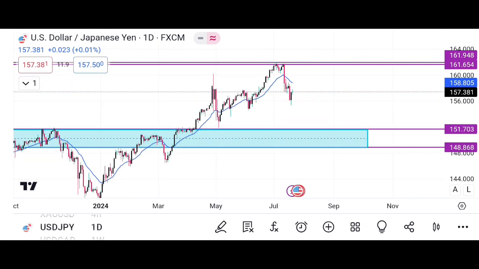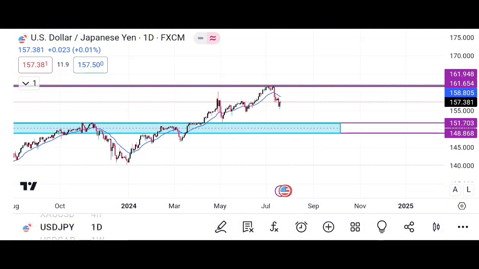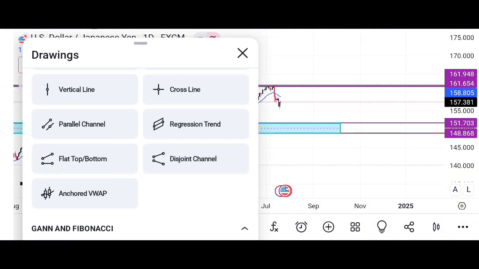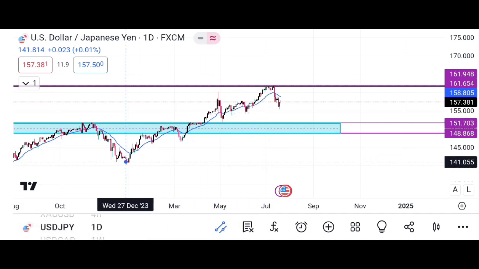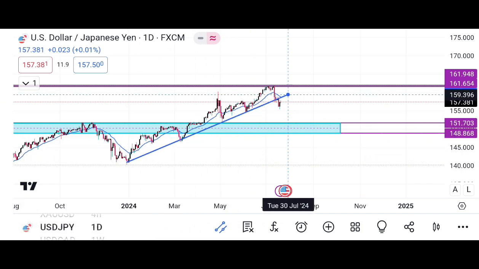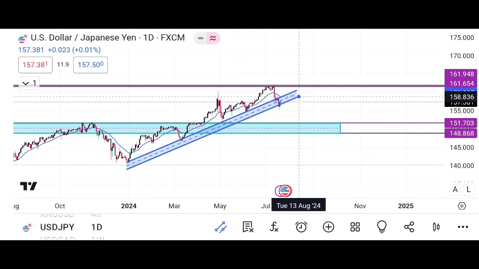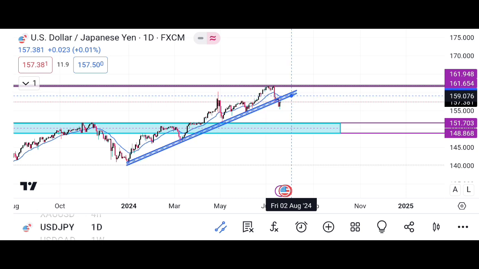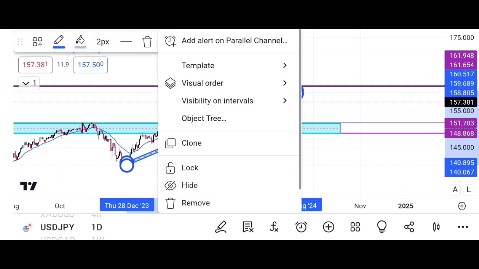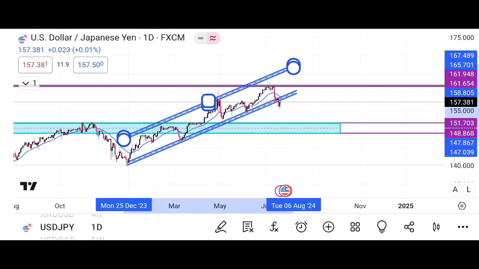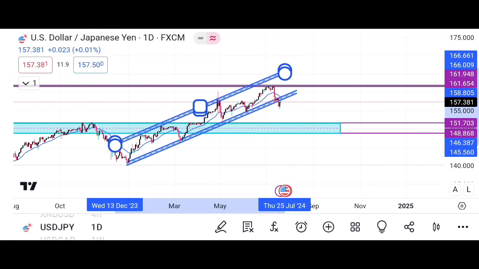A double top. I'm going to be using my parallel lines, guys. It is very important for me to use parallel lines to understand more and to see the market clearly on what am I doing and on what am I looking for.